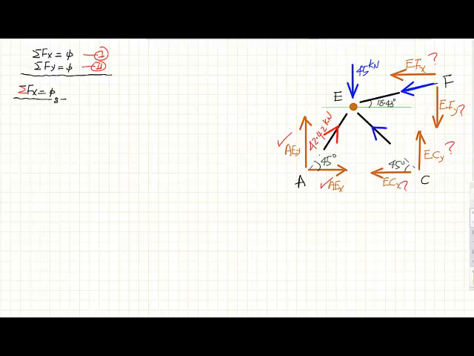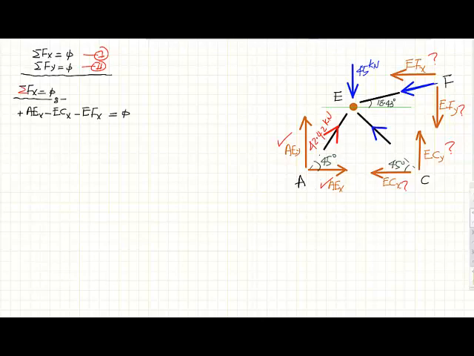So in that one we'll have, starting from this positive AEX, so it is plus AEX, and this is negative ECX, and we have negative EFX, and no other force is equal to 0.